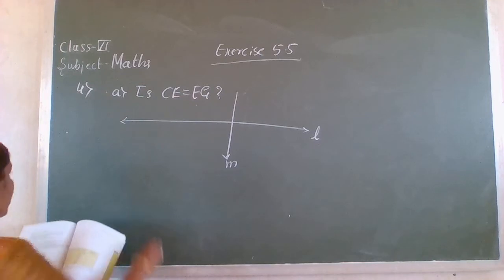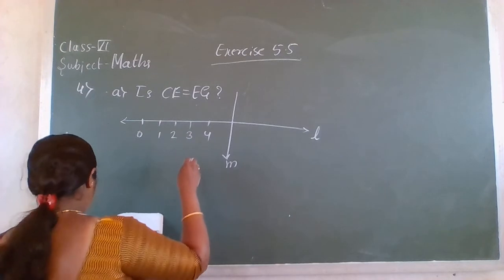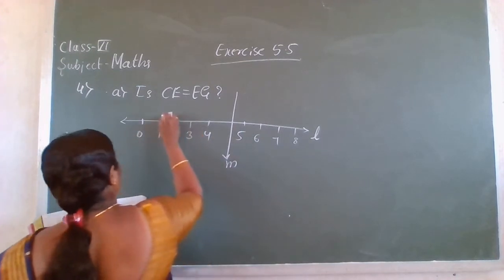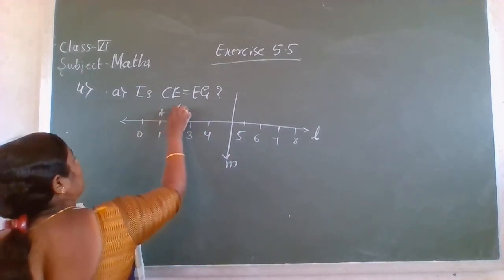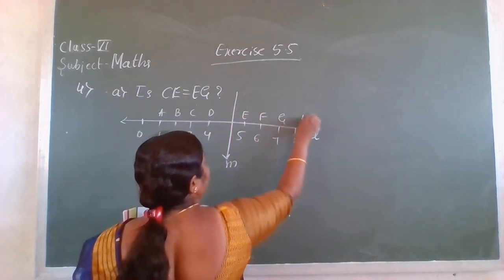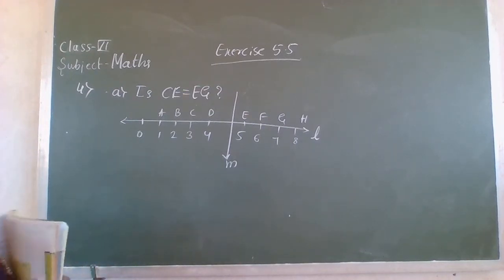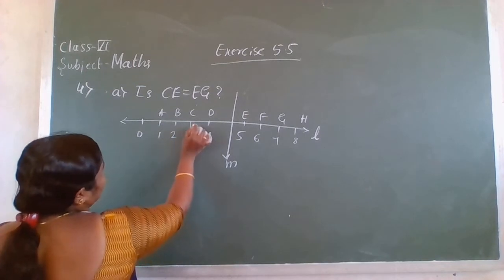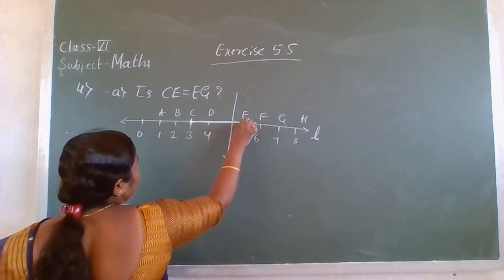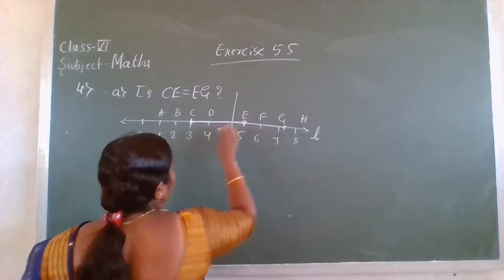Both are perpendicular to each other. The points are A, B, C, D, E, F, G, H. They are asking whether CE is equal to EG. CE from here to here is equal to EG from here to here. Yes.